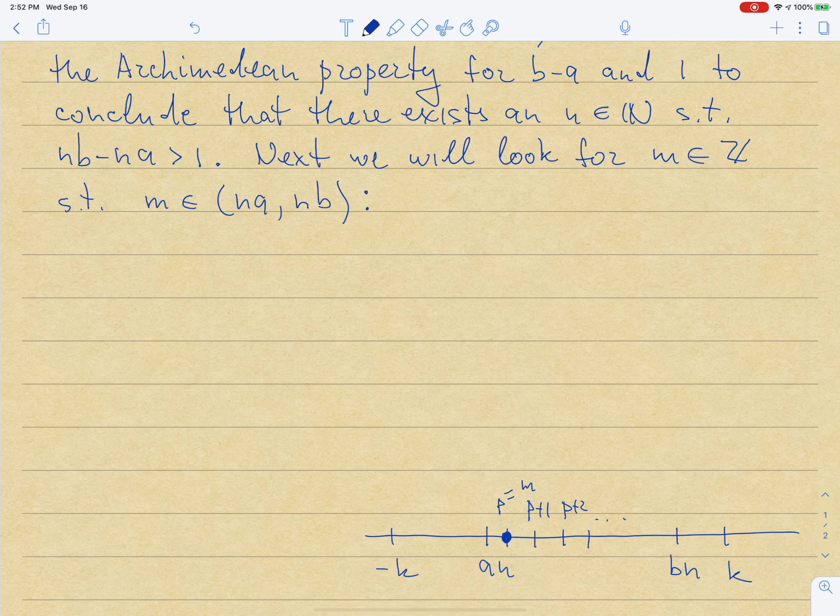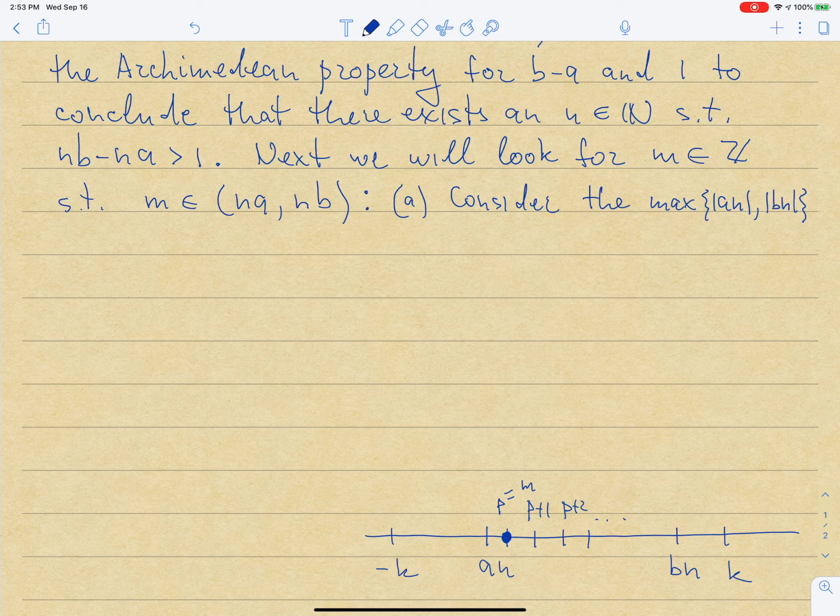So let's do the first step. I'm going to consider the following two numbers. I'm going to consider the maximum of absolute value of an, absolute value of bn, right?